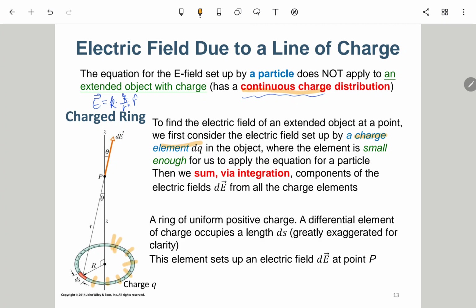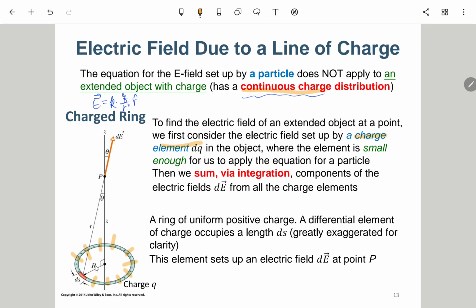We cut it into many small pieces. Of course, in this figure it's not small enough, but it's just for you to have a visualized way to see. You assume it is small enough that it has a constant distance from this charge element to the point we are concerned with.